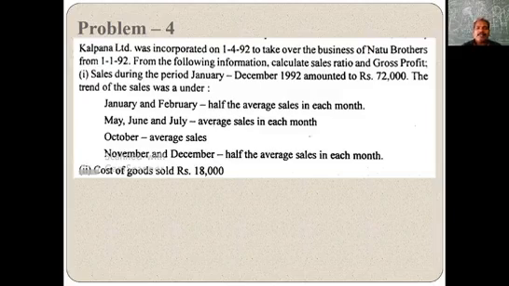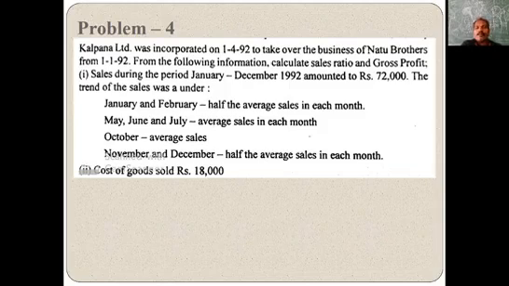The trend of the sales was as under: January and February, half of average sales in each month. May, June, July, average sales in each month. October, average sales. November and December, half of the average sales in each month. Then the second point, cost of goods sold 18,000. With the help of this information, they are asking for sales ratio and also to calculate gross profit, right?